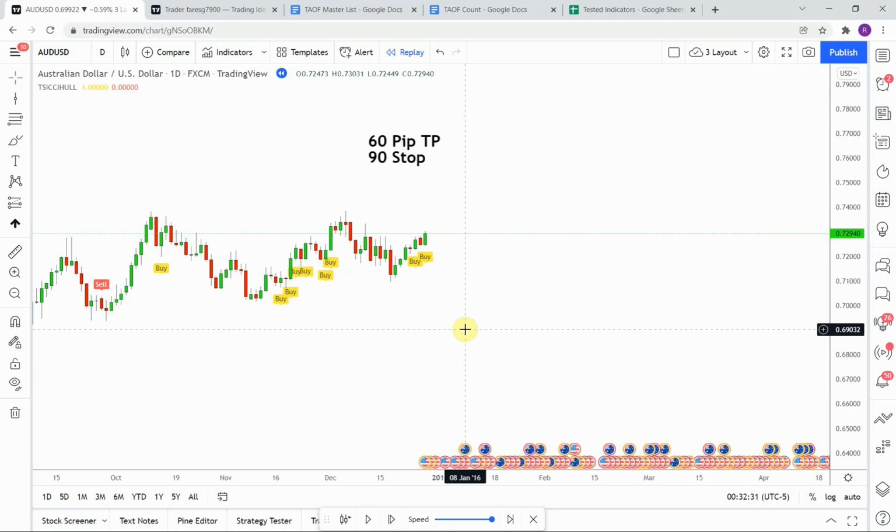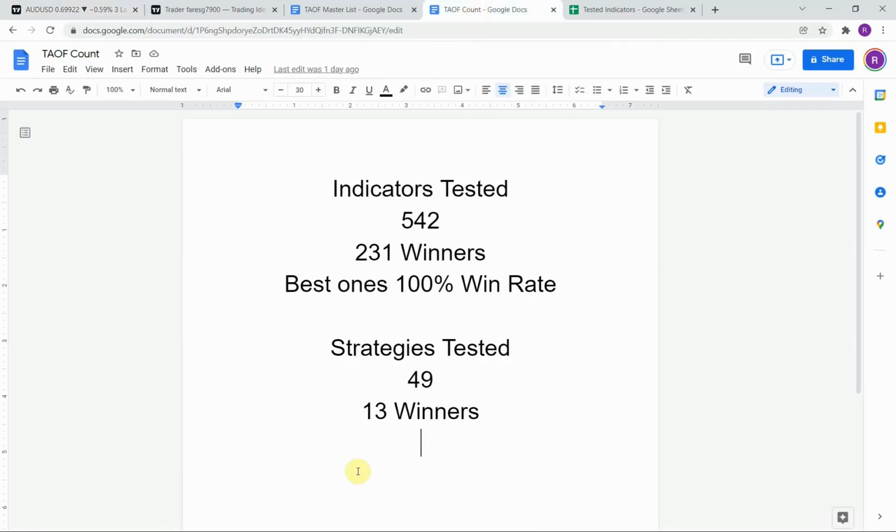Alright, as I said, today we will be testing the TSI plus CCI indicator. Before we do though, I wanted to put the testing scoreboard up for everyone to see. So to date, we have tested a total of 49 different strategies, with 13 of them being profitable.